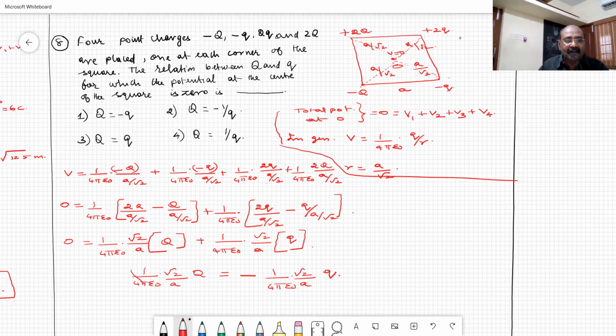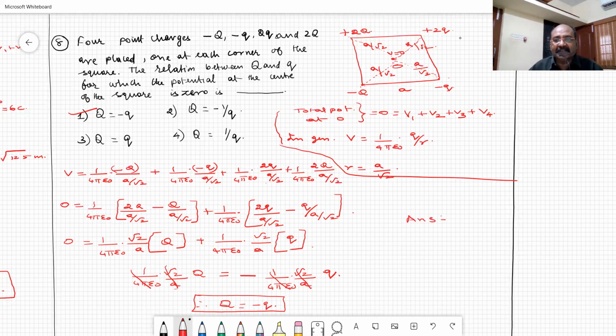Now simplify this: 1 by 4 pi epsilon 0 will get cancelled, root 2 by A will get cancelled. So the relation is capital Q is equal to minus of small q. So I got the relationship between capital Q and small q as capital Q is equal to minus q. So the answer is option A.